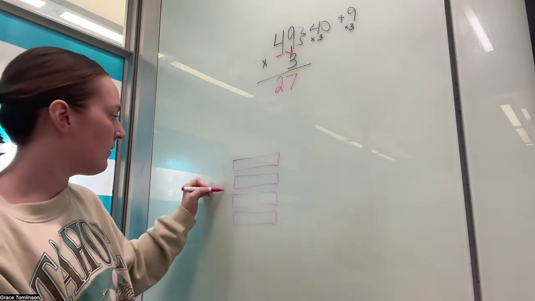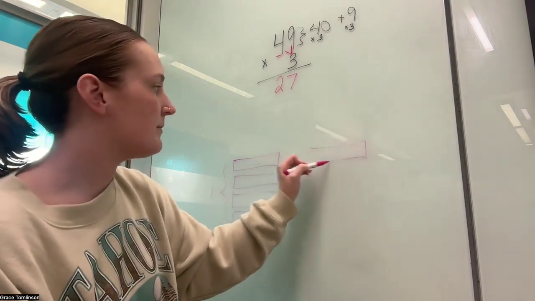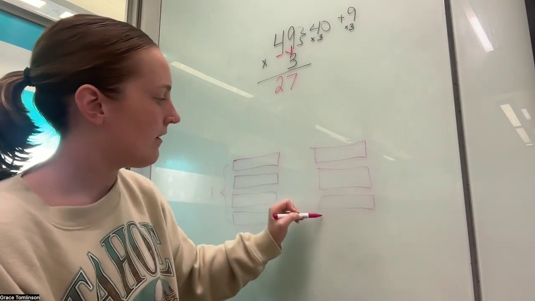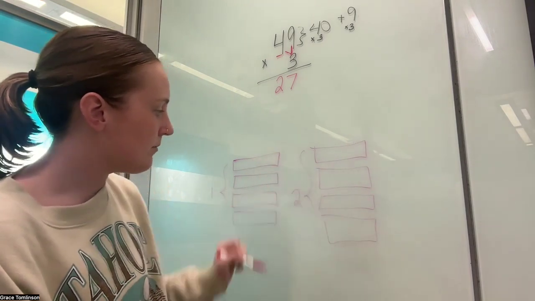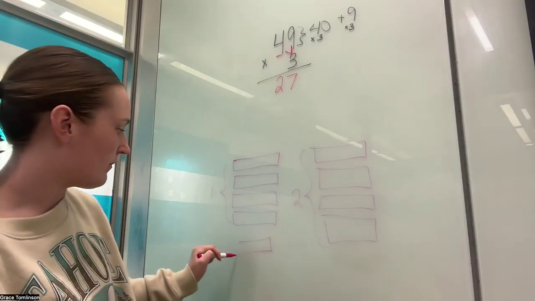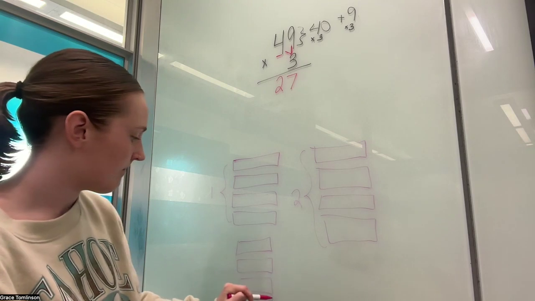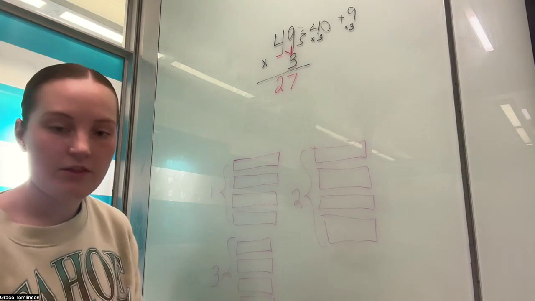So this is 1. We need it 3 times. Here's our second group. And then 1 more group. There's our third group.